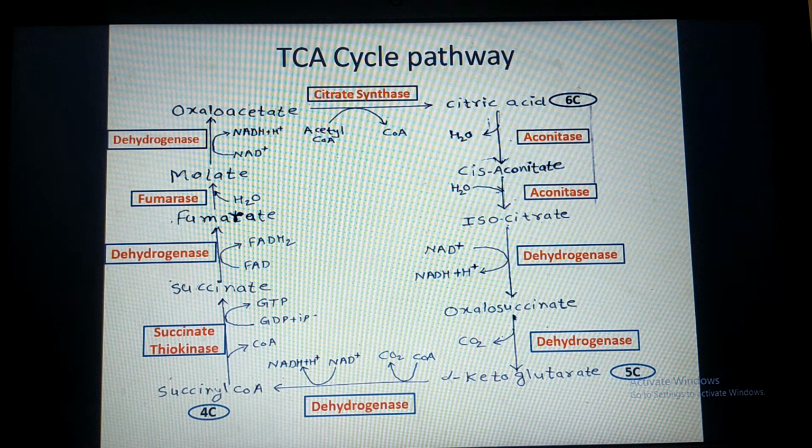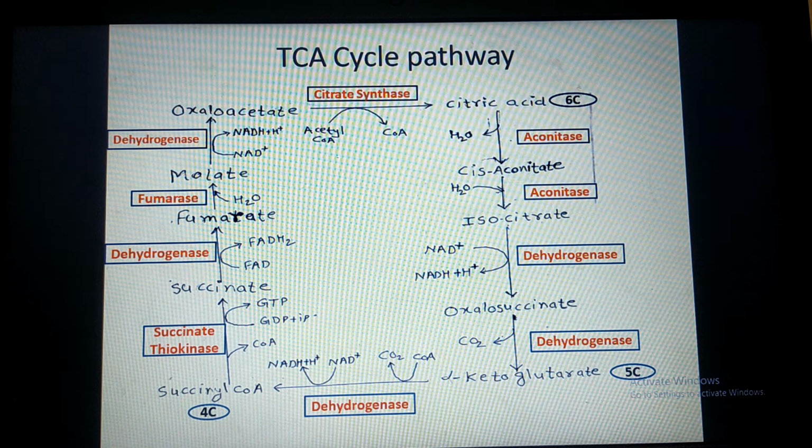Now this malate undergoes the fourth oxidation in this cycle to form oxaloacetate. Here two hydrogen atoms are removed and again these two hydrogen atoms are accepted by a coenzyme NAD, which is reduced to NADH. The enzyme required for this step is malate dehydrogenase.